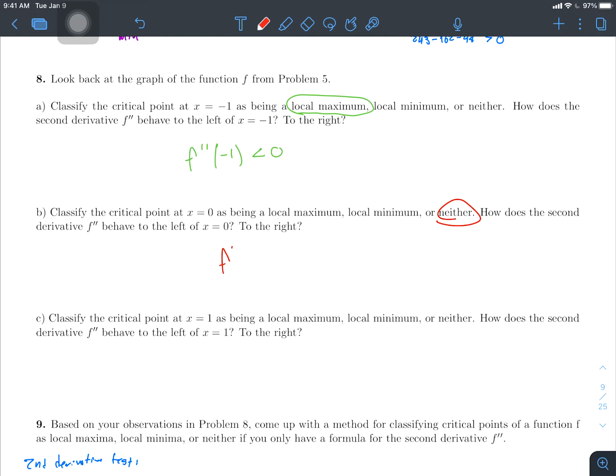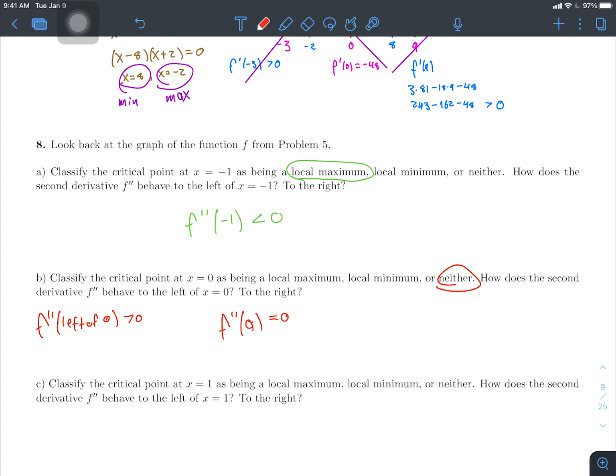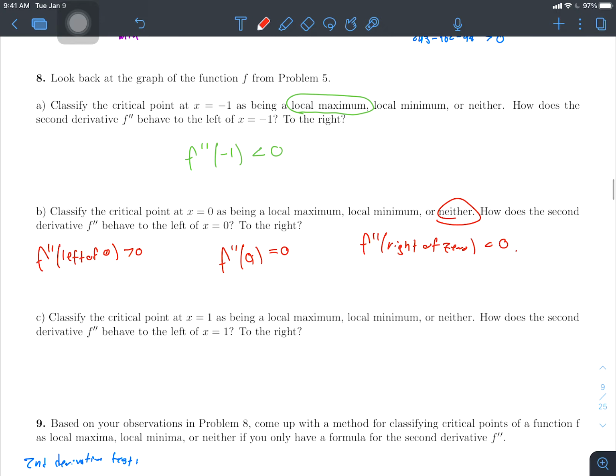And what we had was f double prime of 0 was equal to 0. f double prime a little bit left of 0 was positive, and then f double prime a little bit right of 0 was negative. So when we have a neither situation, it turns out that the second derivative didn't even have a sign at that point.